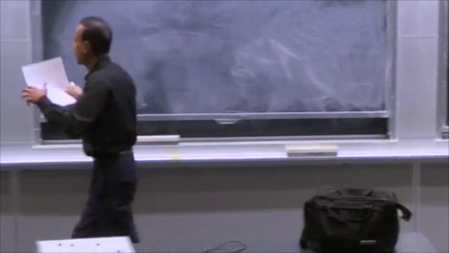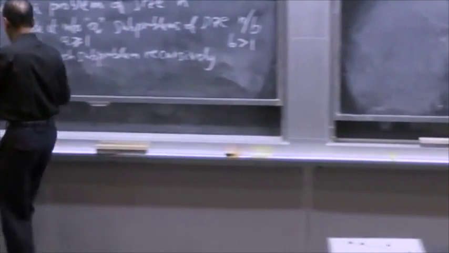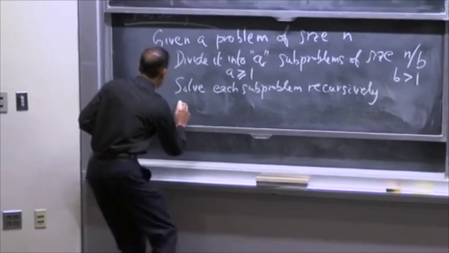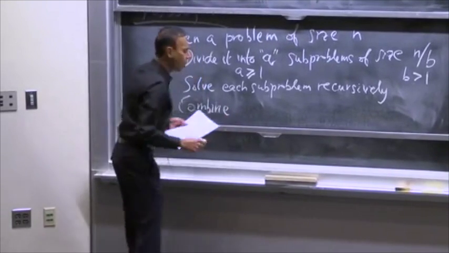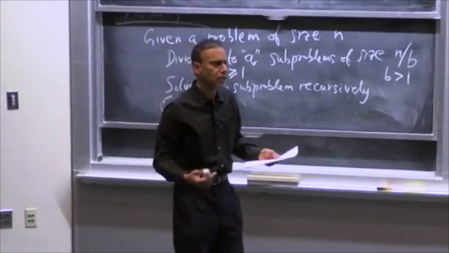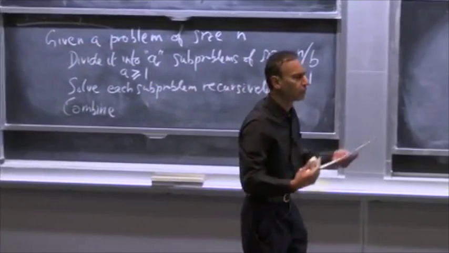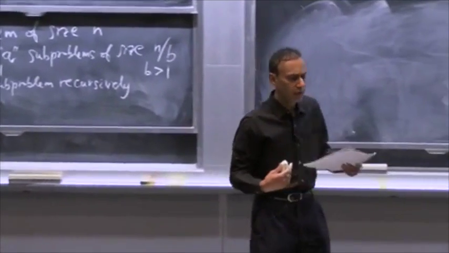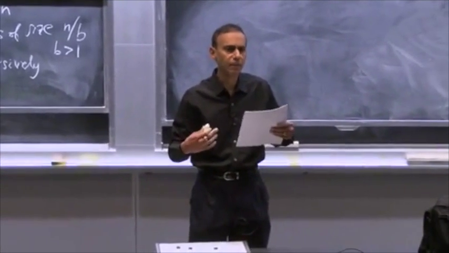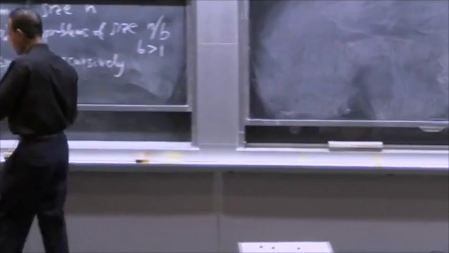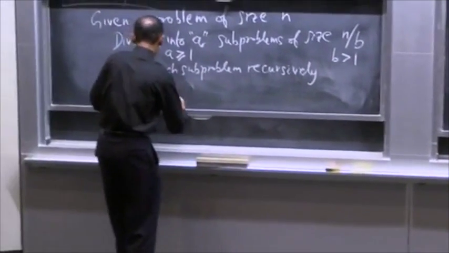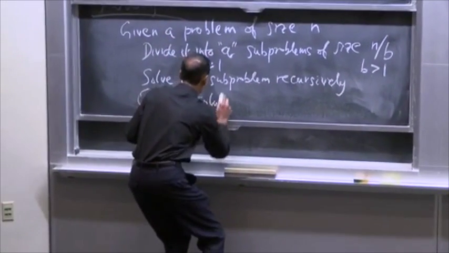You're in great shape, right? As long as the constants are small enough. And so you're going to recurse until these problems get small. And then typically, this is not true for all divide and conquer approaches, but for most of them, and certainly the ones we're going to cover today, the smarts is going to be in the combination step. When you combine the solutions of these subproblems into the overall solution.